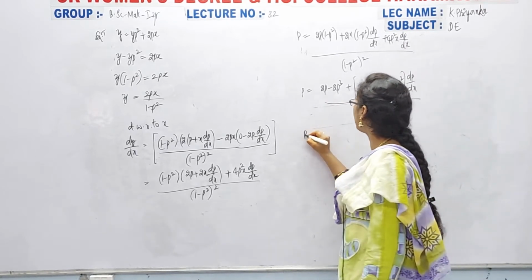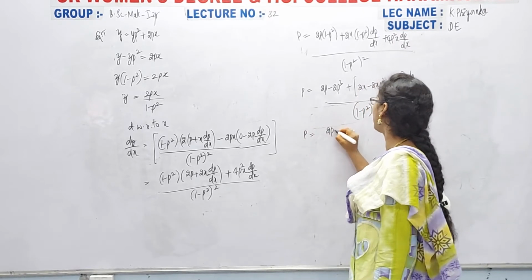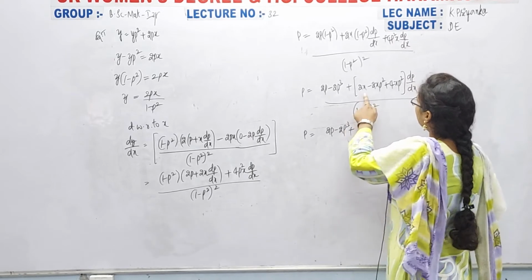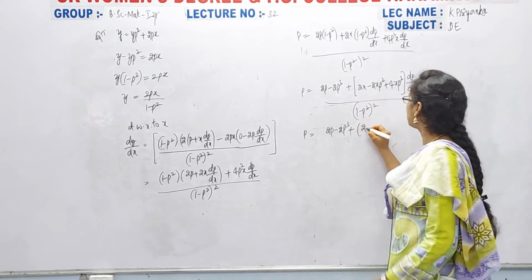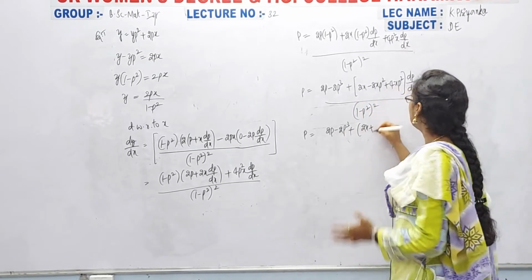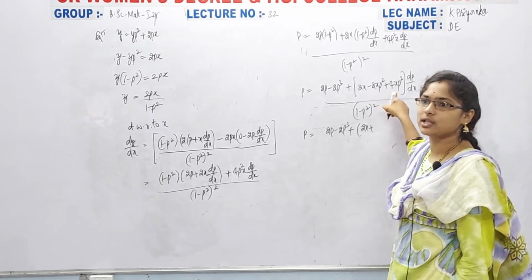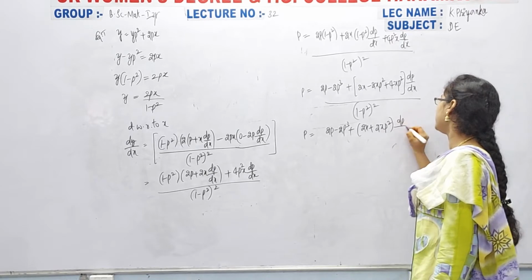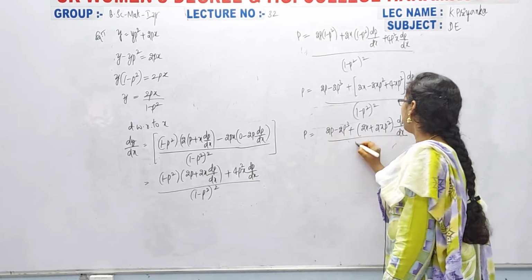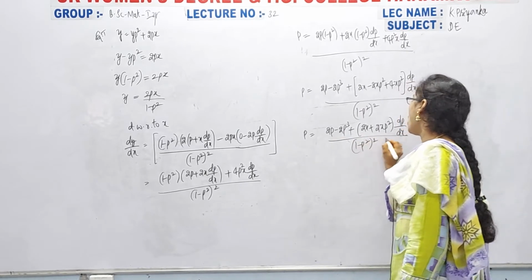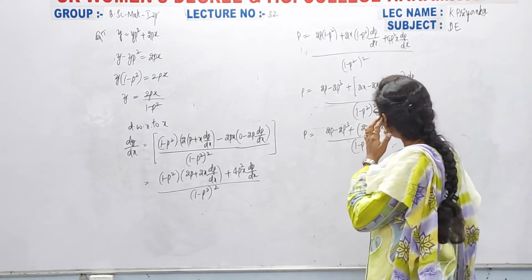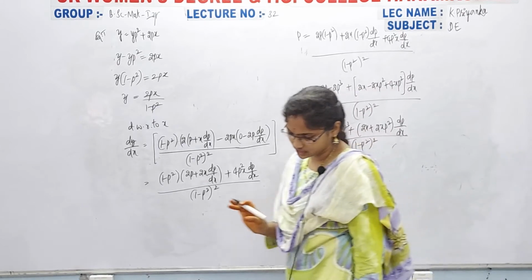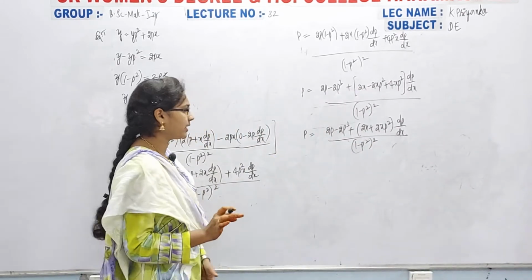Okay, now p equal to 2p minus 2p cube plus 2x as it is, minus 2x p square plus 4x p square, that means 2x p square of dp by dx by 1 minus p square whole square. So next here, actually this is one term and this is another term, so we can split it. Of course here I am going to take the splitting.